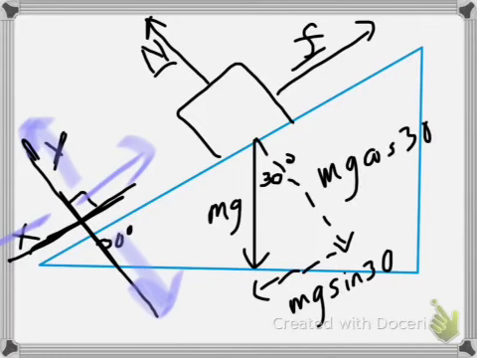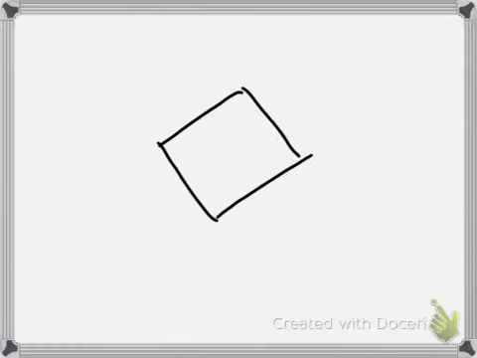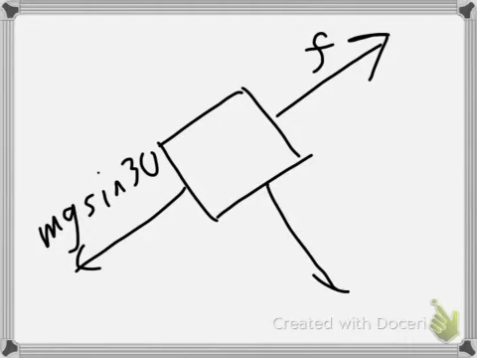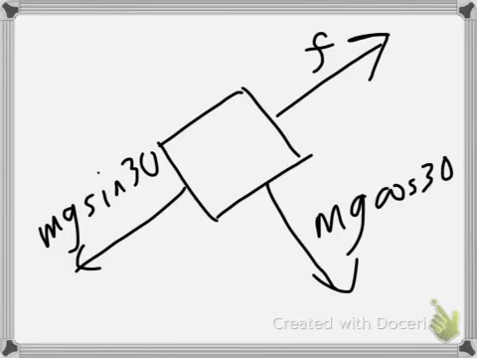So when I draw a free body diagram of this, I have my box. Notice I'll leave my box on the incline. It makes it easier. I have my friction going up in the x direction. My mg cosine, or mg sine 30, excuse me, mg sine 30 going down in the x direction. I have my mg cosine 30 going down in the y direction. And I have my normal force going up.